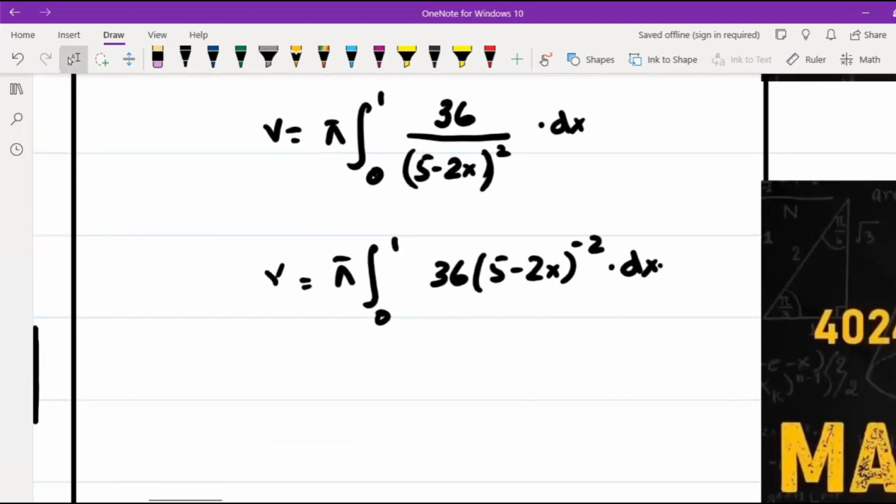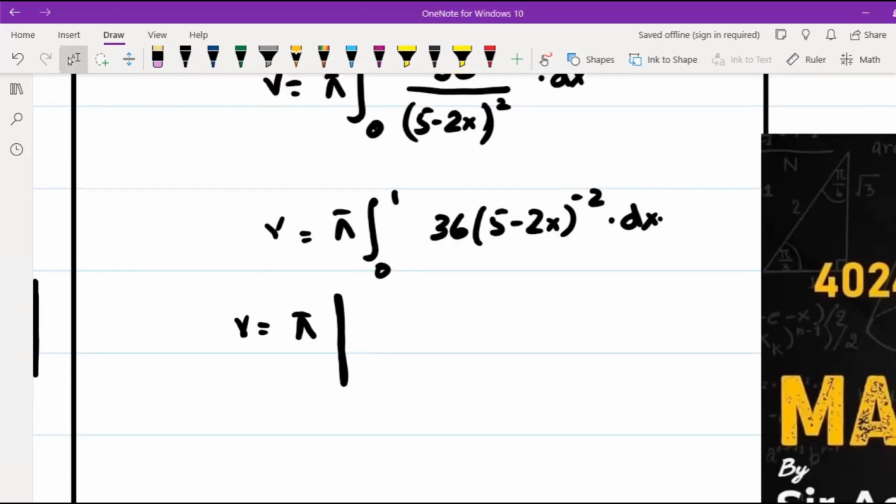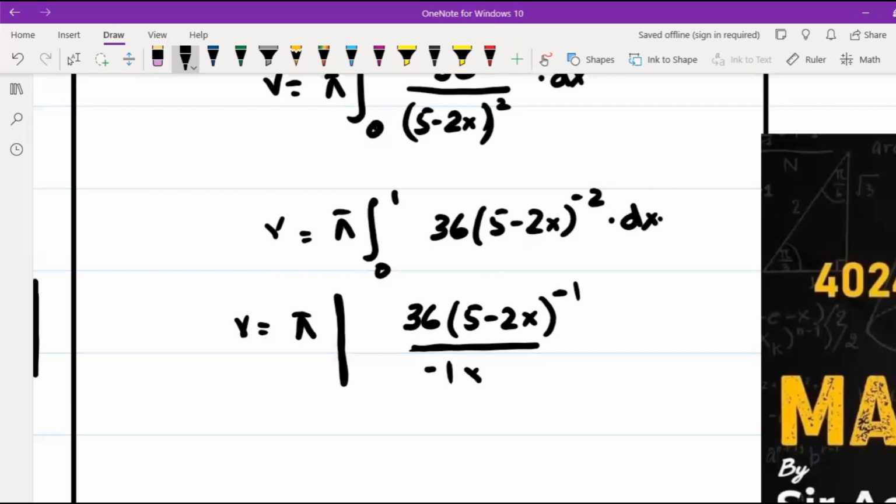Now we need to integrate this. Obviously, pi will be there. When integrating, the limits will be used under the modulus sign. So we integrate 36 (5 minus 2x) to the power negative 2: we get 36 (5 minus 2x) to the power negative 1 divided by negative 1, into the differentiation of the bracket, which is minus 2.